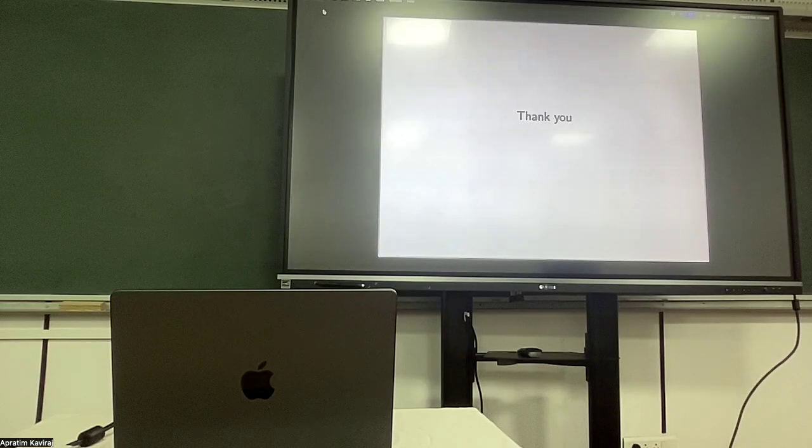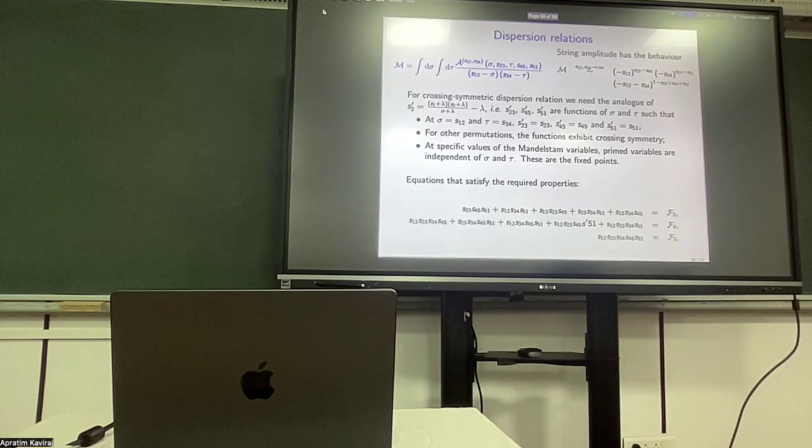Here also the number of integrals is the same, n minus 3. In the dispersion relation for 5 point, you still have 2 integrations over 2 variables, sigma and tau. As for analytic continuation, right now I'm not able to say, because I also don't know how to do that.